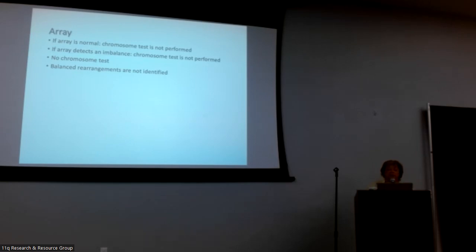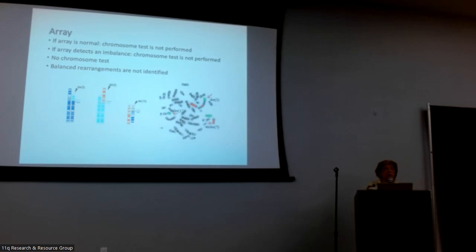So I show you the same photo that I showed before, this messy chromosome karyotype, where there were minor variants of unknown significance. Until the karyotype was performed, the genetic test was normal, the array was normal.